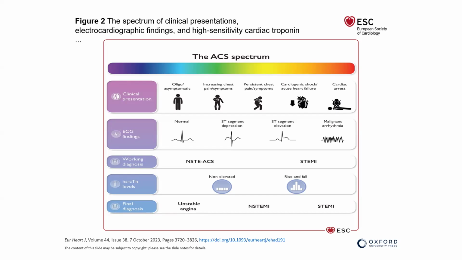For the non-ST elevation acute coronary syndrome, depending on your troponins, you can have a final diagnosis of unstable angina, in which your troponins will be normal, or NSTEMI, in which there's no ST elevation. You may have a normal ECG or ST depression with elevated troponins.